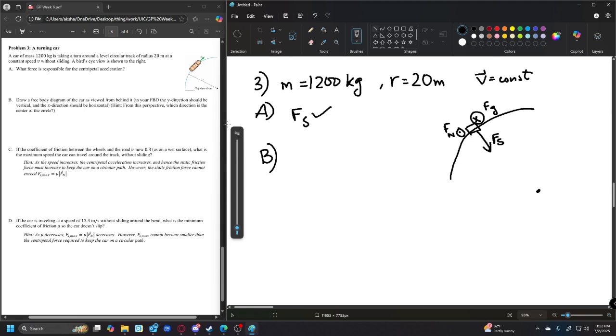So we will draw our y-axis, and we'll draw our x-axis. And this is your normal force pointing vertically up, gravitational force pointing vertically down, and your force of static friction pointing radially inwards towards the center of whatever arc the car is traveling.